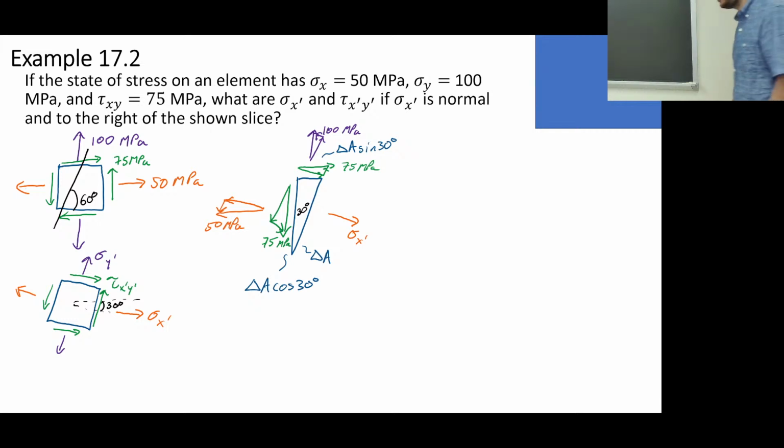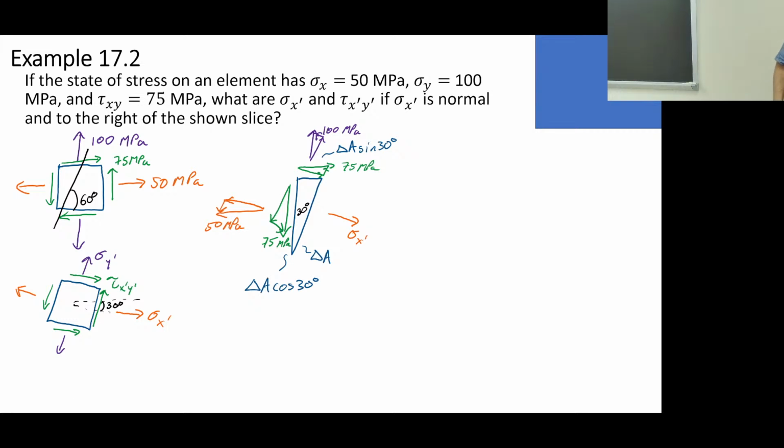Tau xy doesn't just act on one face; it acts on two faces. And again, we're going to break that hypotenuse into two components that we can add up, and this one's aligned with x prime, and this one's aligned with y prime.